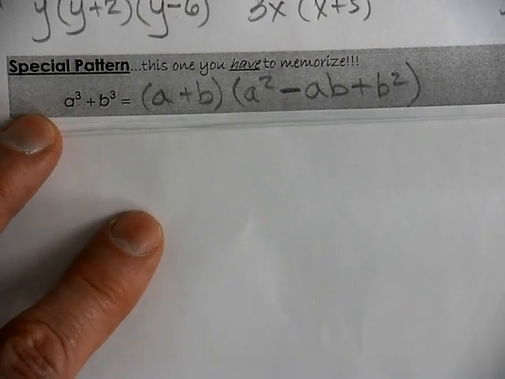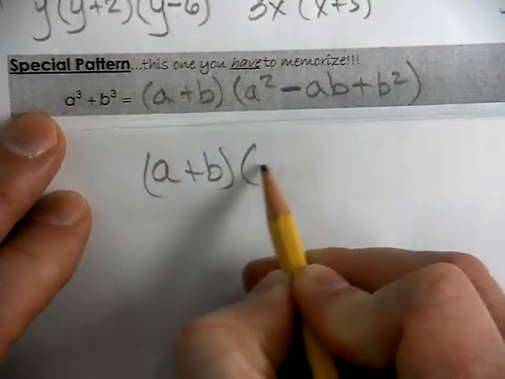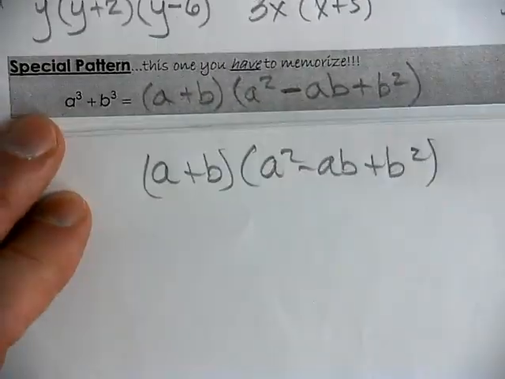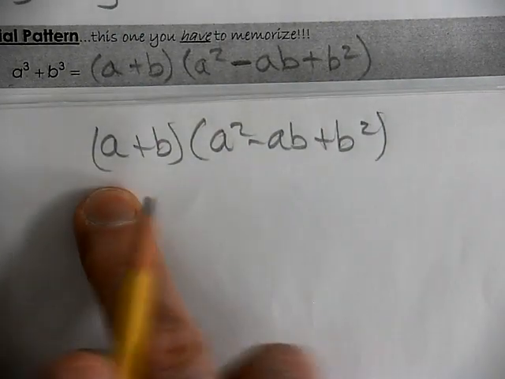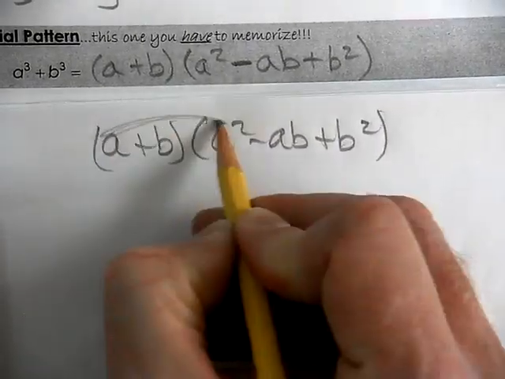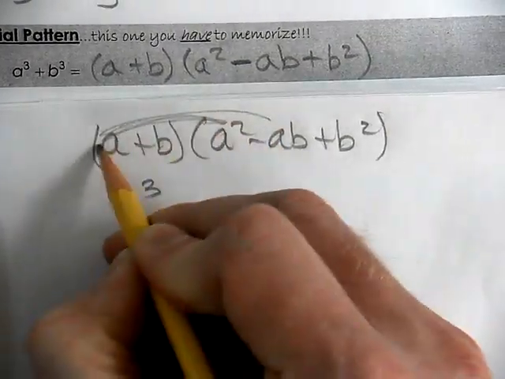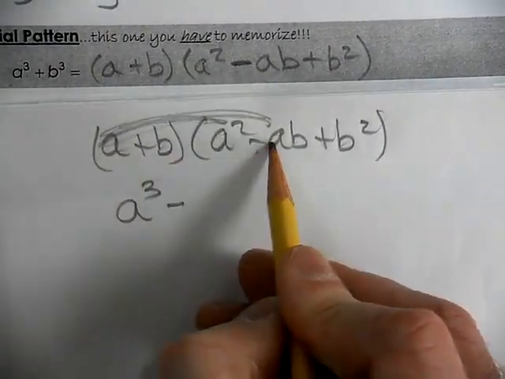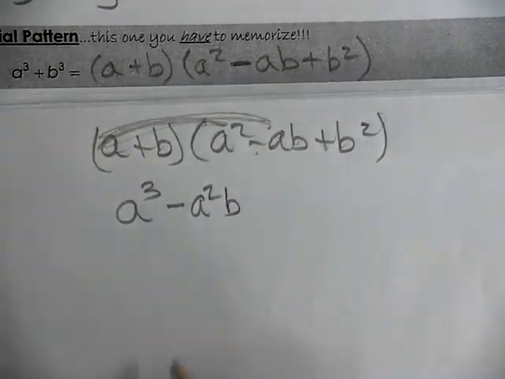We can test this out. We can take a plus b and a squared minus ab plus b squared. We should be able to multiply this together to get what we started with. A times a squared is a cubed. Negative a squared times b.